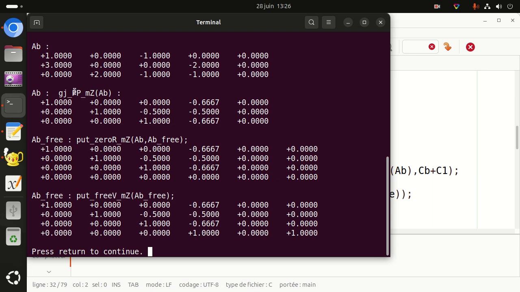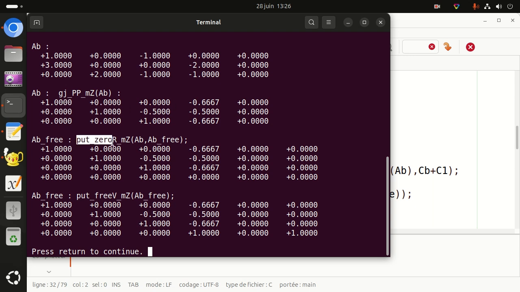Alors, first I call the function Gauss-Jordan partial pivoting. This gives 1, 1, 1, but I have this value and this value. I'm not able to resolve this system with Gauss-Jordan because I have 3 lines and 4 columns.